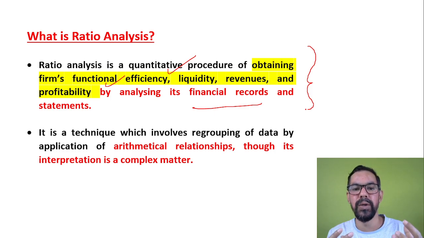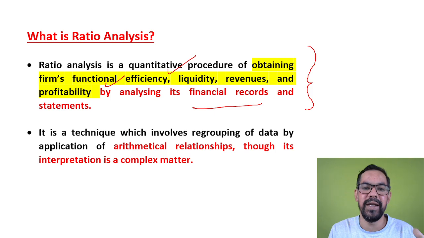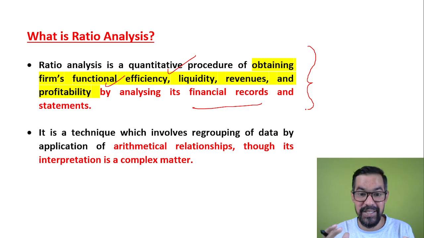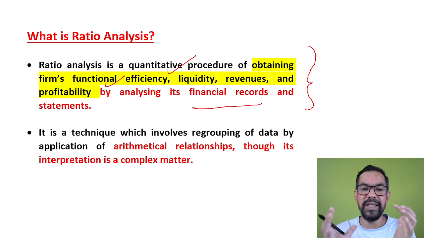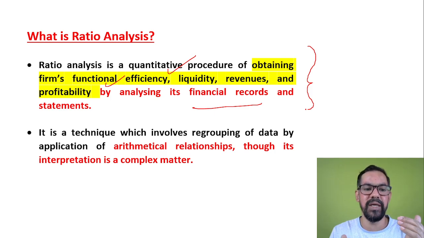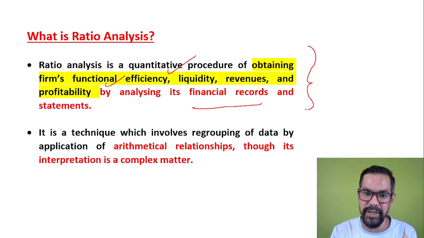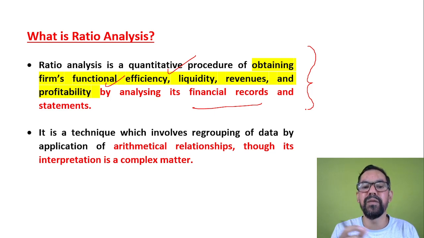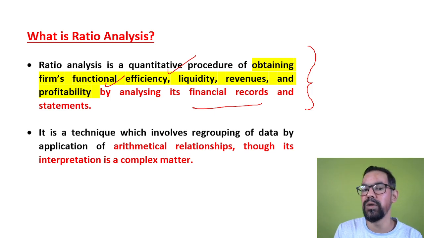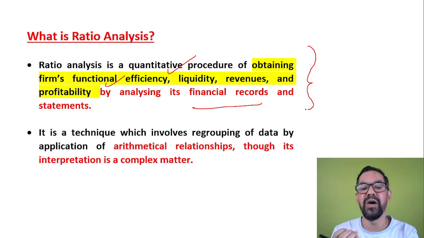As I told you, these are very heavy documents, but we have the final outcome of these documents. On the basis of these final outcomes, using some formulas, we can quickly analyze the overall profitability of any firm, or the efficiency, the liquidity, the overall revenues or the past performance of any company.